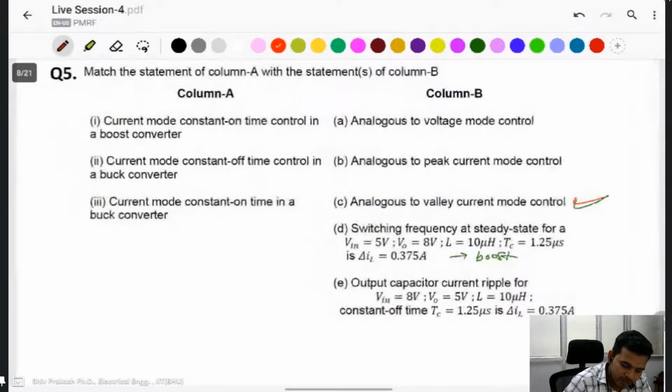The delta IL is given, then you find delta IL. Delta IL is Vs times T on by T, that is D, divided by L. Everything is given. Find the frequency.